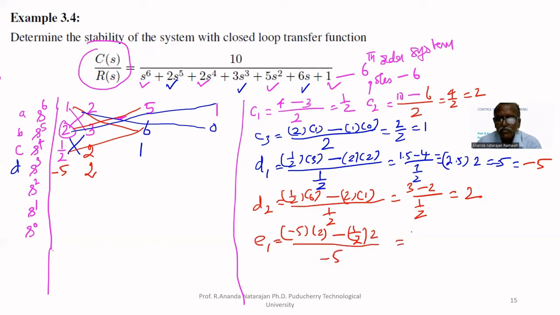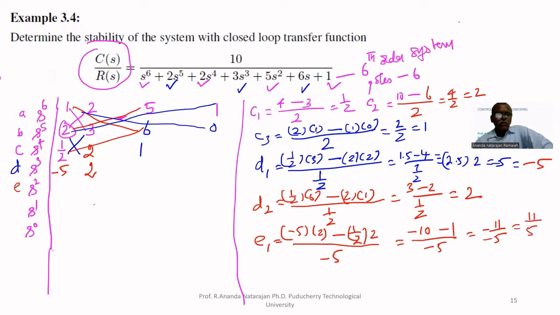That is equal to minus 10 minus 1 divided by minus 5, that is minus 11 by minus 5, equal to 11 by 5.